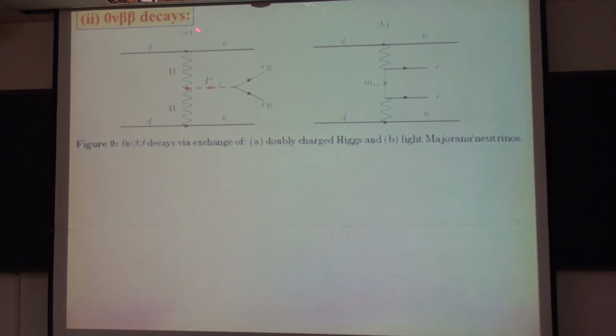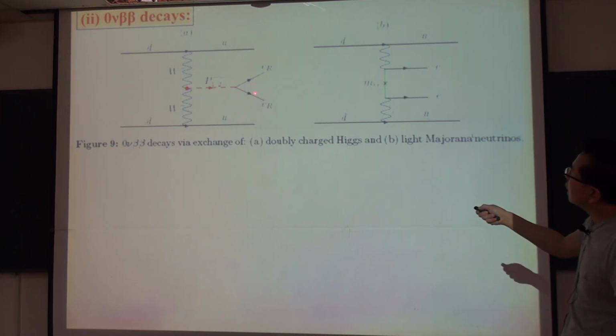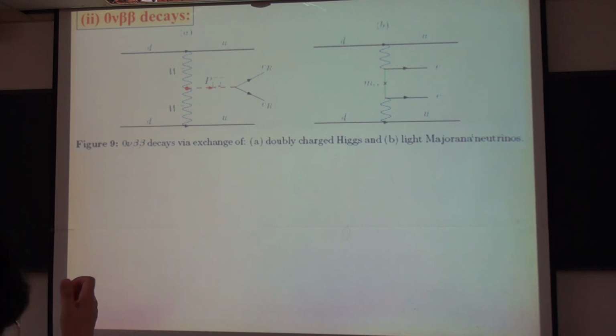Now let's talk about neutrinoless double beta decay. This is the tree diagram from short distance: a doubly charged scalar state coupled to the right-handed electron. And this diagram is just the normal one from the long-distance contribution involving the neutrino mass terms.